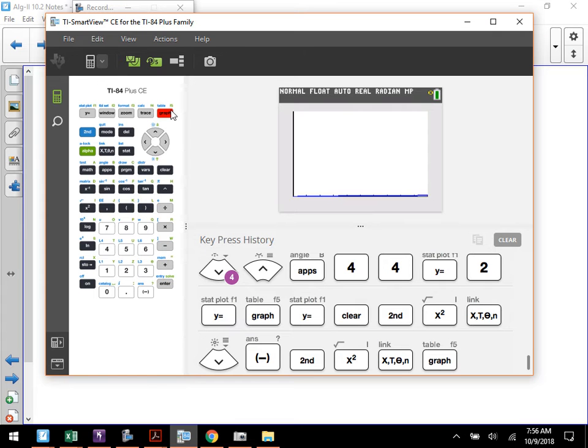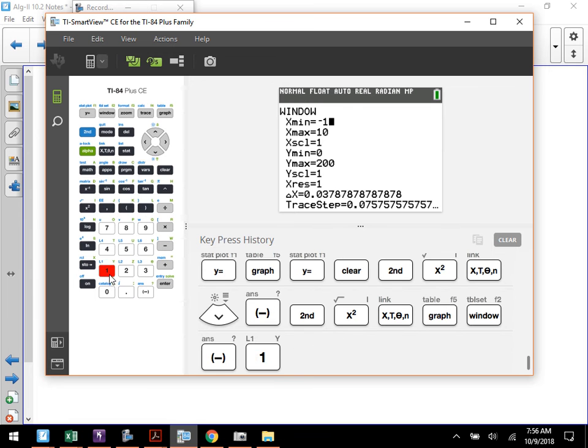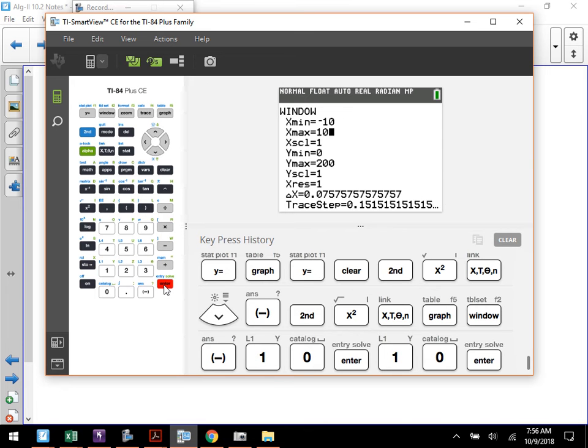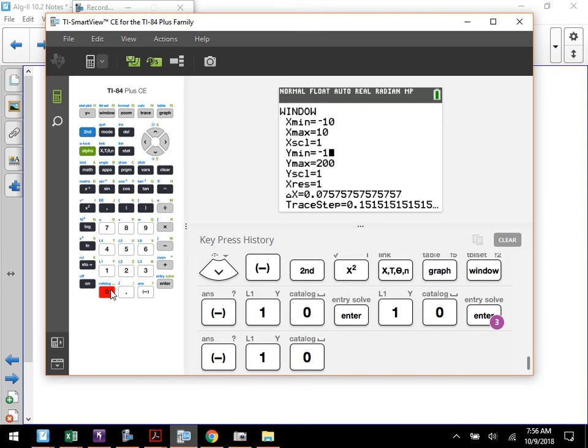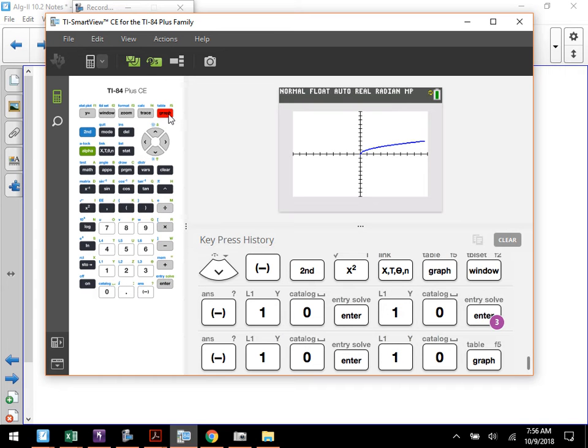Oops, gotta change my window. I'm going to go back to a 10 by 10. Parabola turned over. Okay. So we're going to get these left and right parabolas as well.